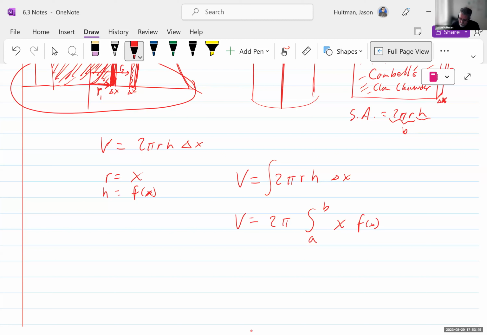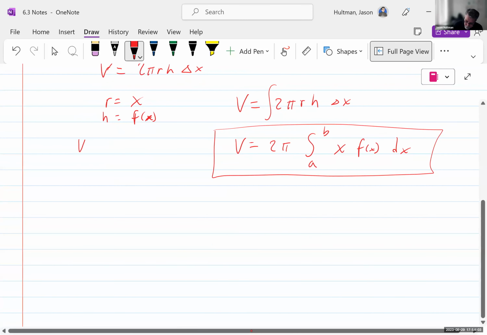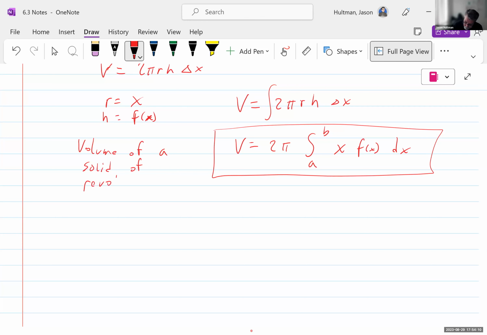And then what's delta x when we take an integral? Now it just becomes dx. And so that is our formula for the volume of a solid of revolution.